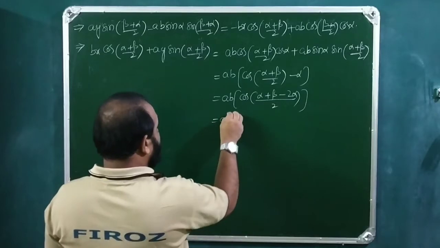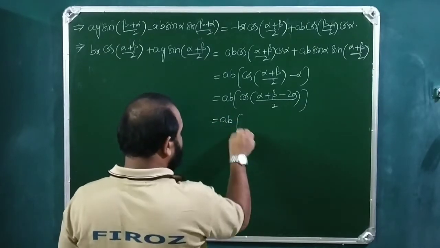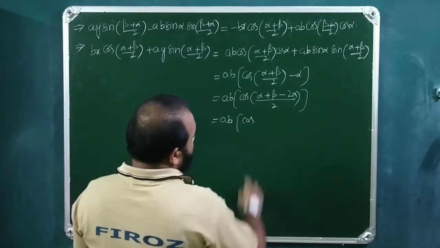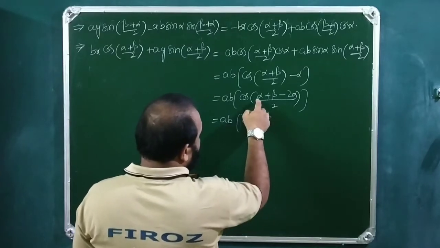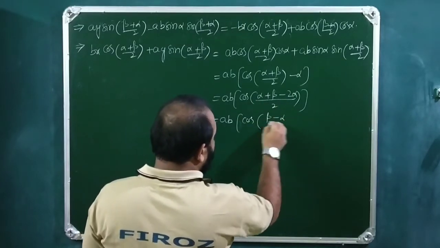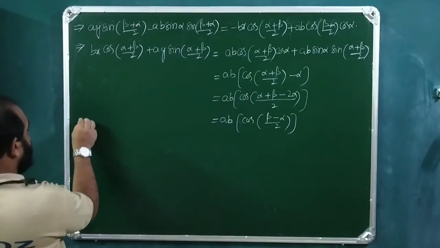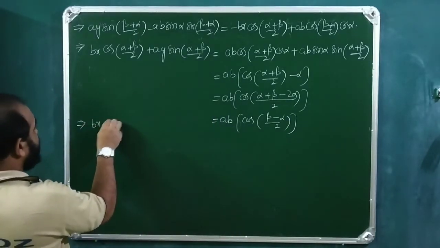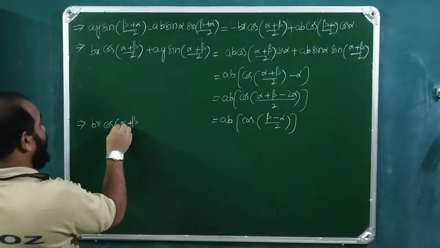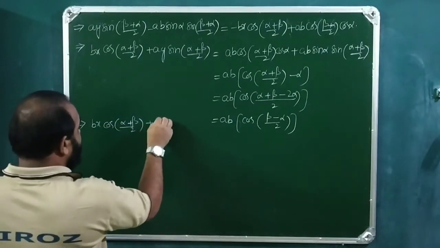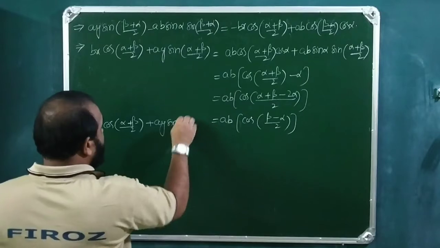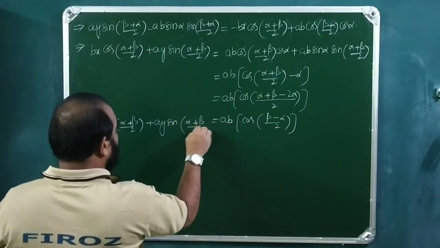This is equal to ab cos of (beta minus alpha) by 2. So this is equal to bx cos (alpha plus beta) by 2 plus ay sin (alpha plus beta) by 2.